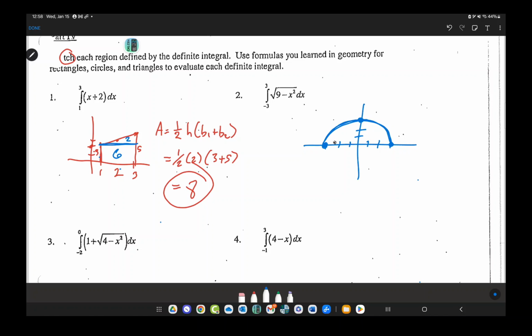Area of a circle is just pi r squared. Half of that is 1/2 pi r squared. What's my radius here? 3. So 1/2 of 9 pi, or 9/2 pi. There you go.